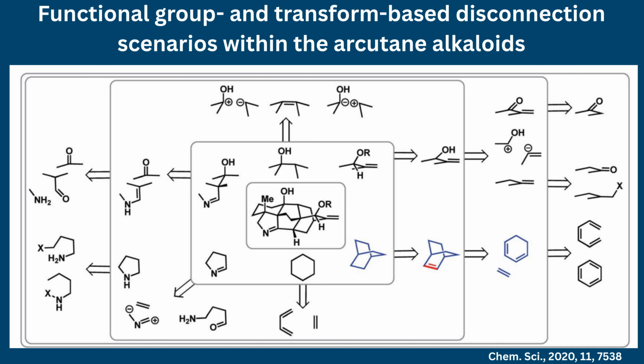A key element is the identification of retrons, structural motifs such as 6-membered rings that imply specific transformations. In arcutane natural products, heteroatom-containing functional groups are predominantly located at the periphery. However, the core structure still supports a variety of functional group-directed disconnections.